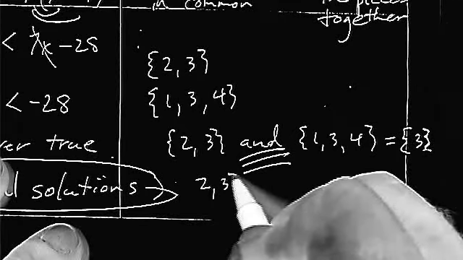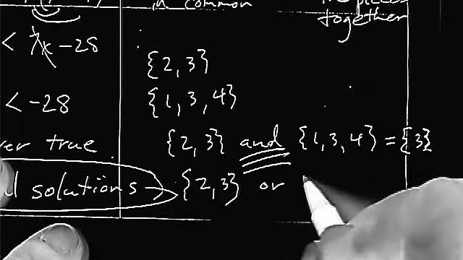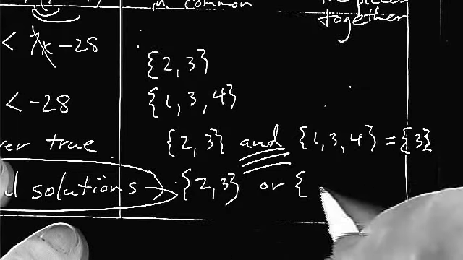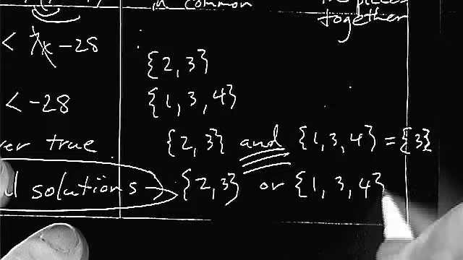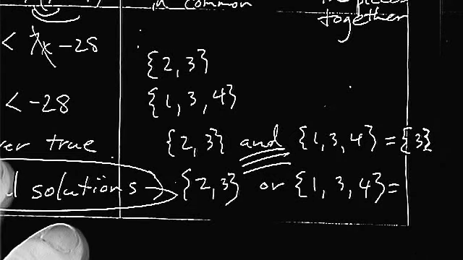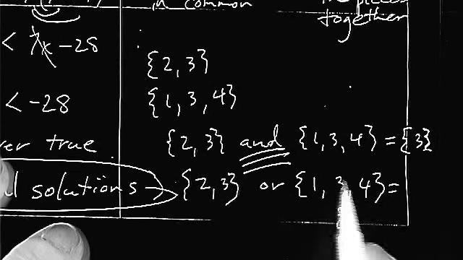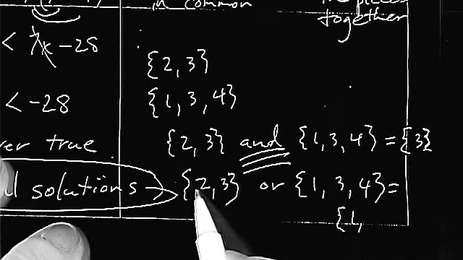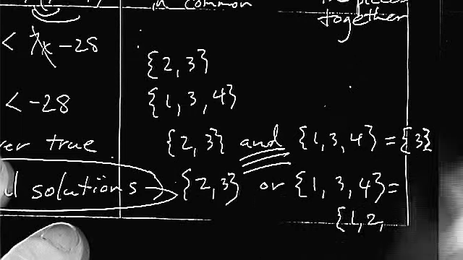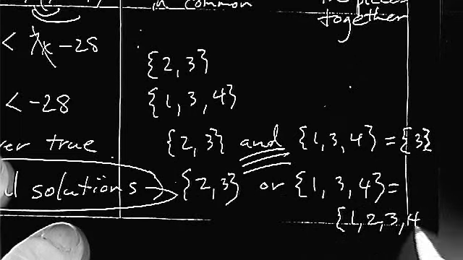But if I ask you the question, list all the numbers that you see in both sets, I'm not adding the numbers 1, 2, 3, and 4 together, but if I were to go through and start putting all the pieces together, well, I see a 1 here, I see a 2 over there, I see a 3 in both sets, and I see a 4 over here.